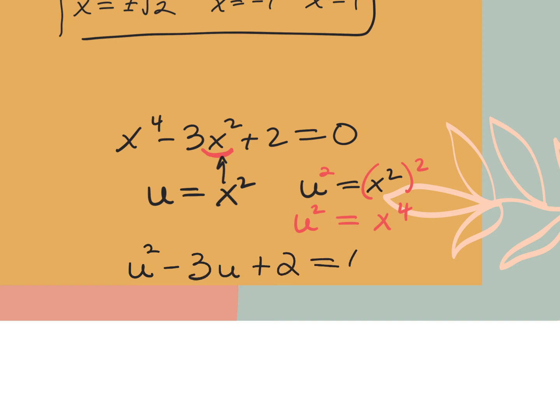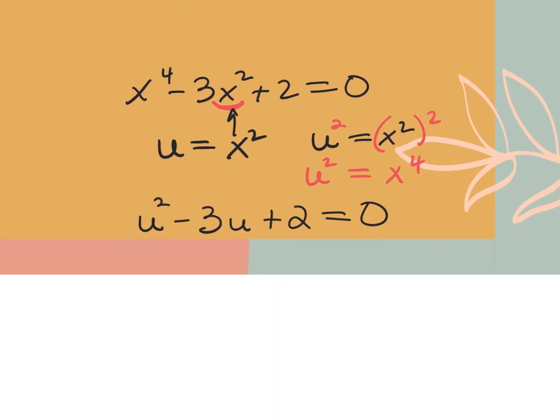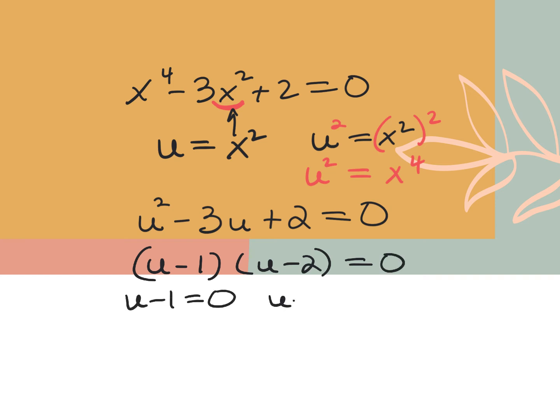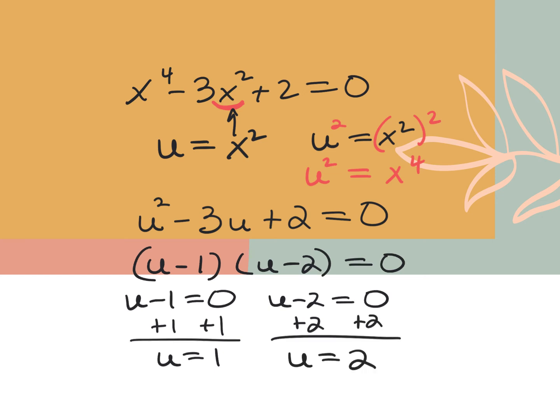And now I have a much simpler quadratic equation that I can factor. So u minus 1, u minus 2. Going to solve for u. Going to add 1. U equals 1. Add 2, u equals 2.